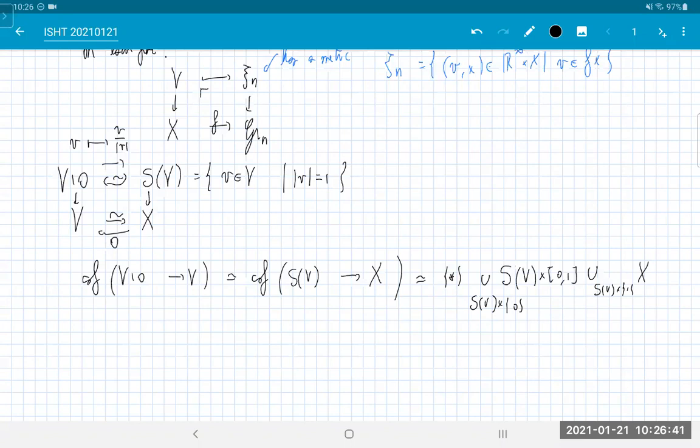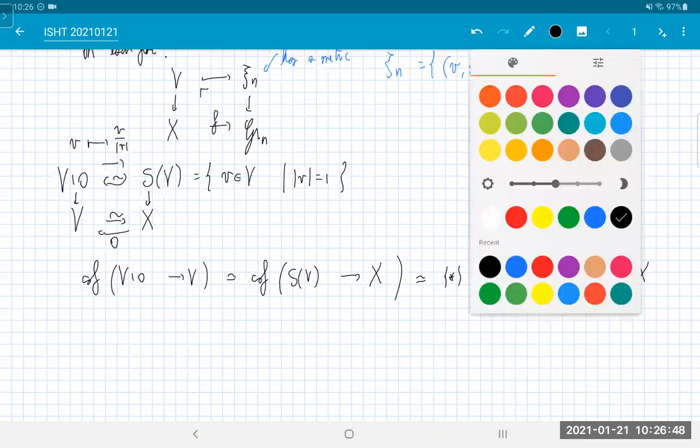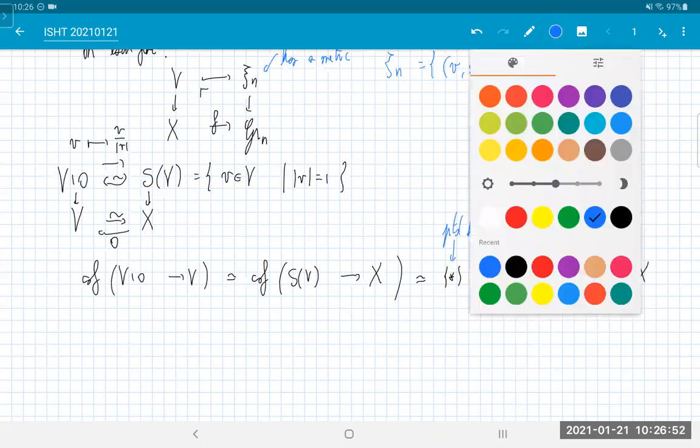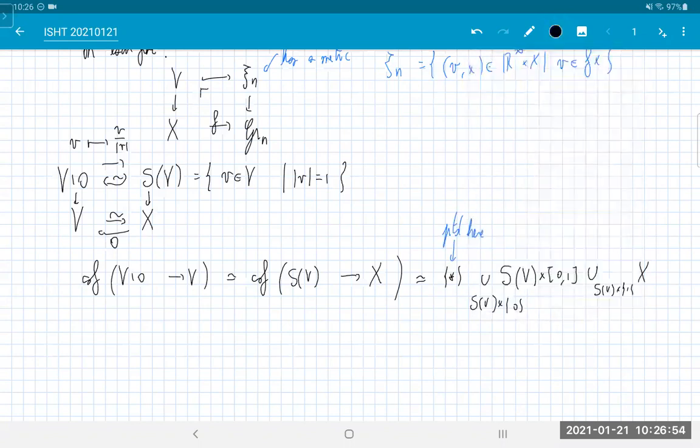As we have seen last semester, the cofiber can be explicitly computed as the mapping cone. And as I said before, this is pointed here. This cone point that I'm adding. And I claim this is exactly what I'm going to call SV, no, sorry, not SV. And this claim is exactly equivalent to the 1-point compactification of V.